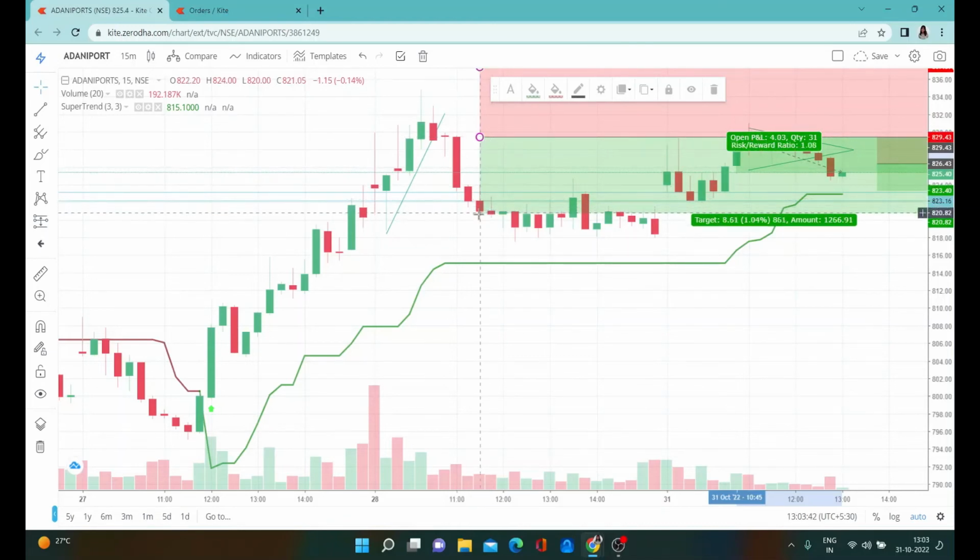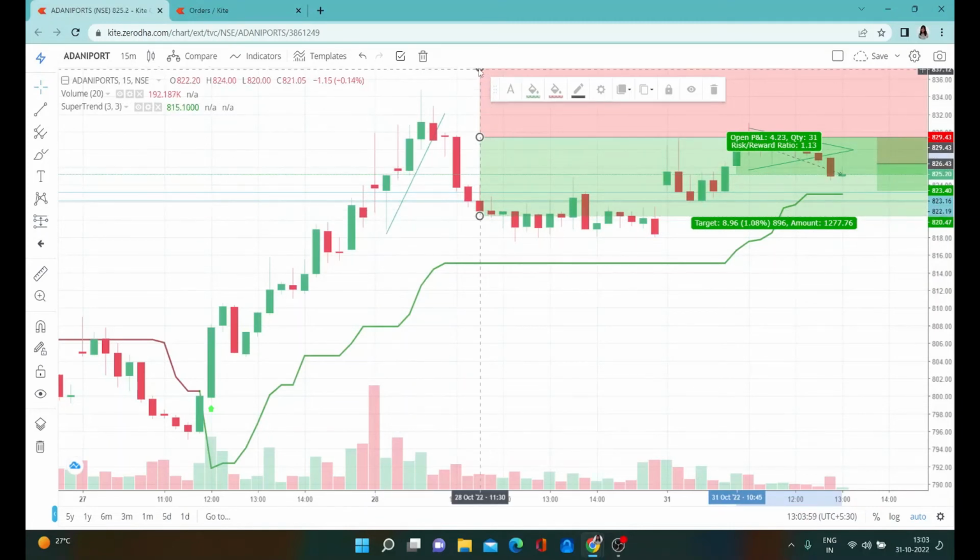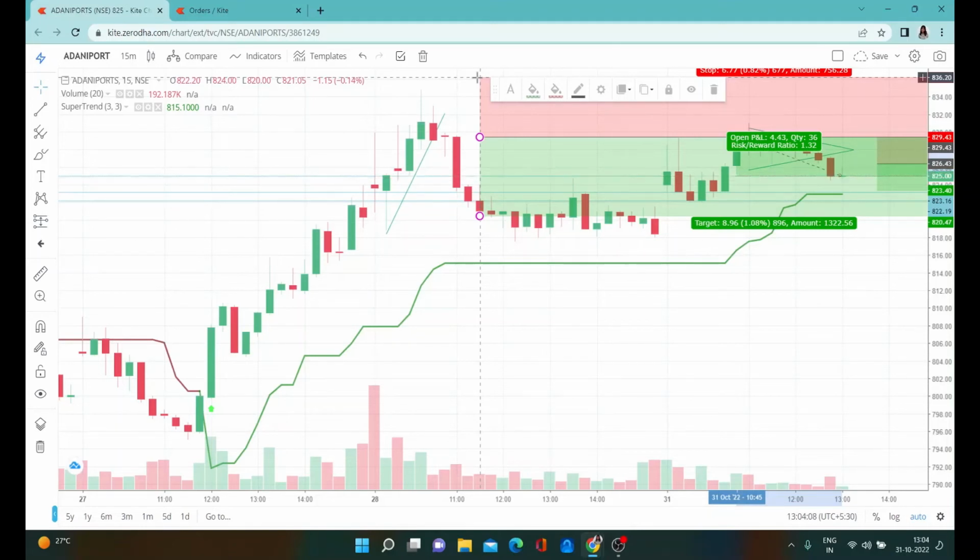Your target, as we have discussed, should be at 820.4, right above these candles and above the wick of this candle, 820.4, and your stop loss should be 836.2, right? So what is the risk to reward ratio? 1.32, which is a good ratio. This is how you need to plan your trades.